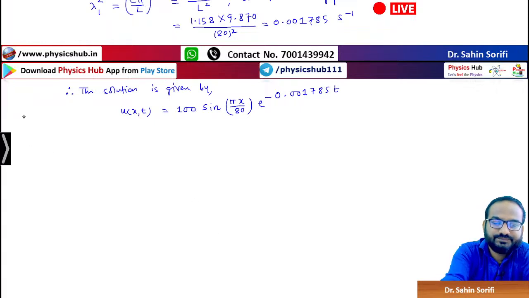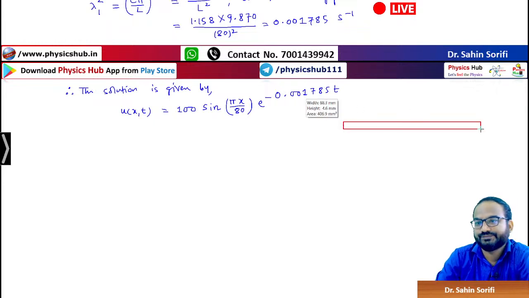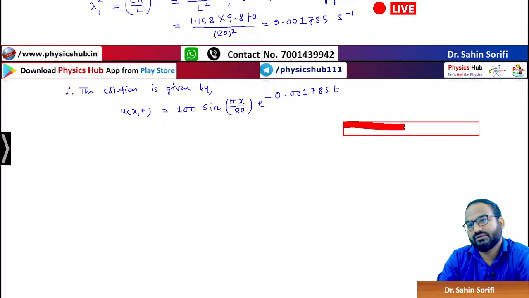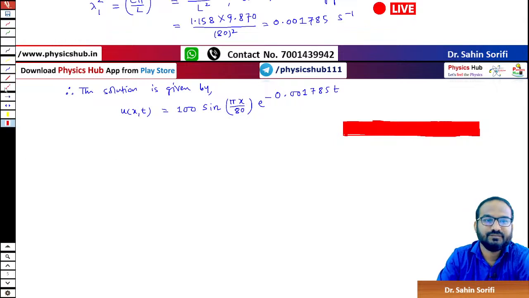It gives you the overall temperature distribution along the bar. So obviously the temperature is not uniform. The temperature is not constant.